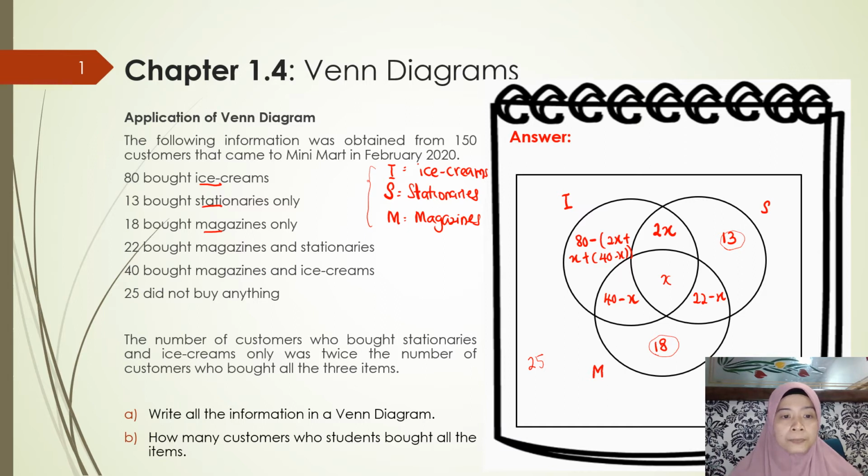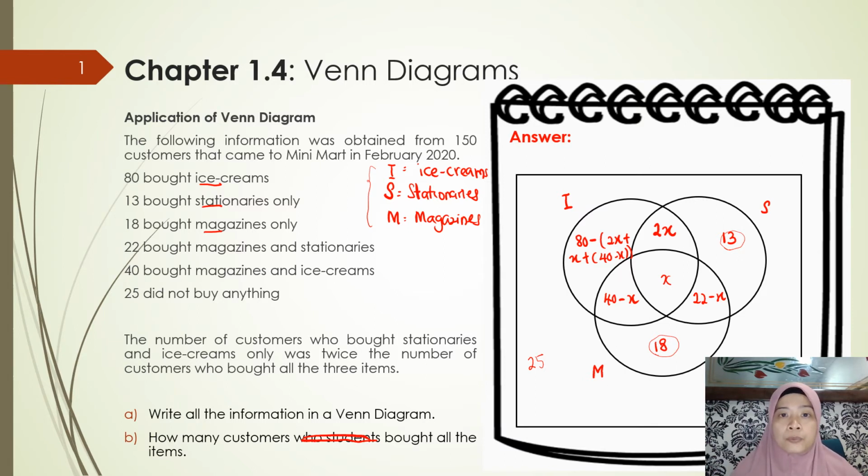Okay, for B, how many customers bought all the items? So that is actually the value of x. Okay, so now we need to find x.